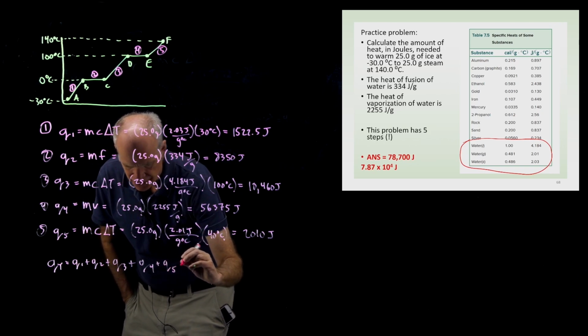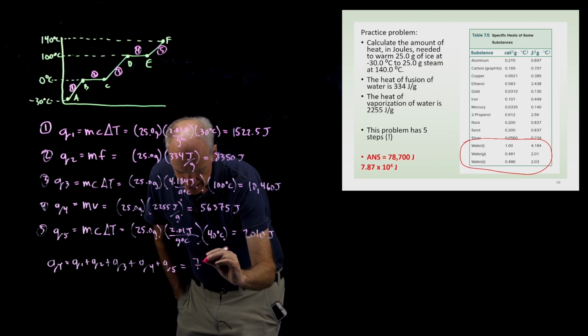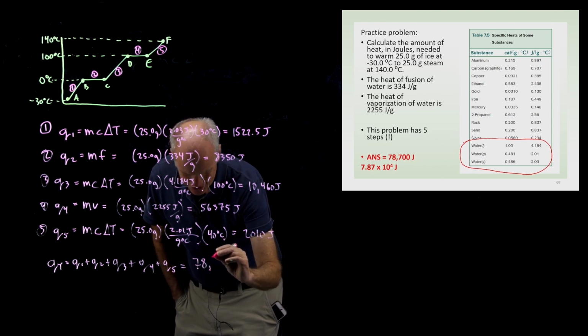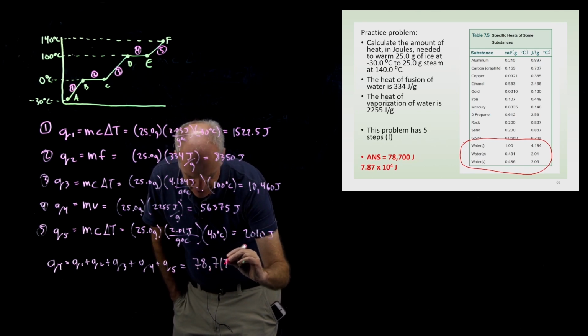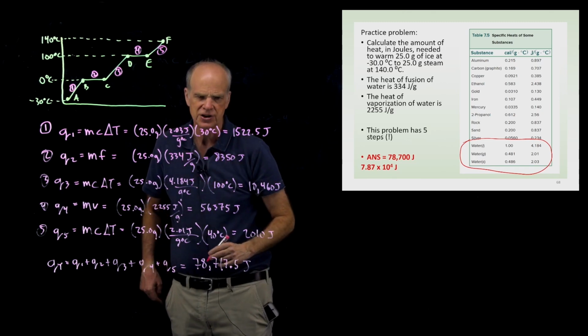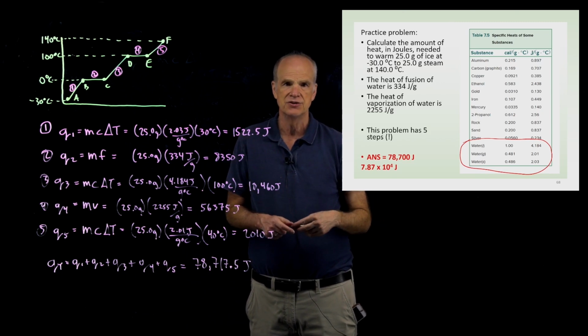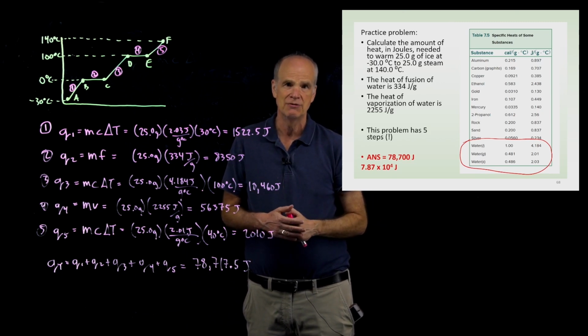And so when I did this earlier, the number I got was 78,717.5 joules. And so I think I rounded it to correct significant figures, and that runs out to be 78,700 joules. Okay, well, thank you for listening to all that, and we'll see you next time.